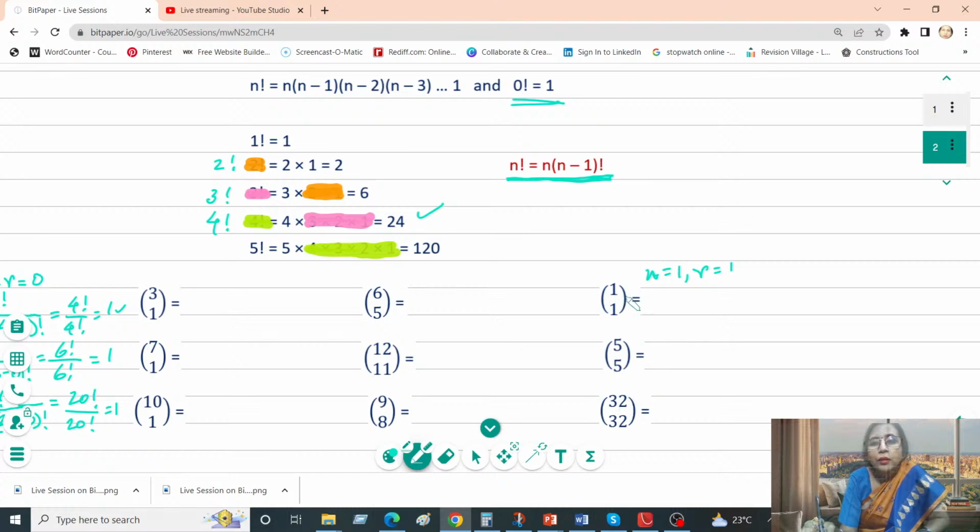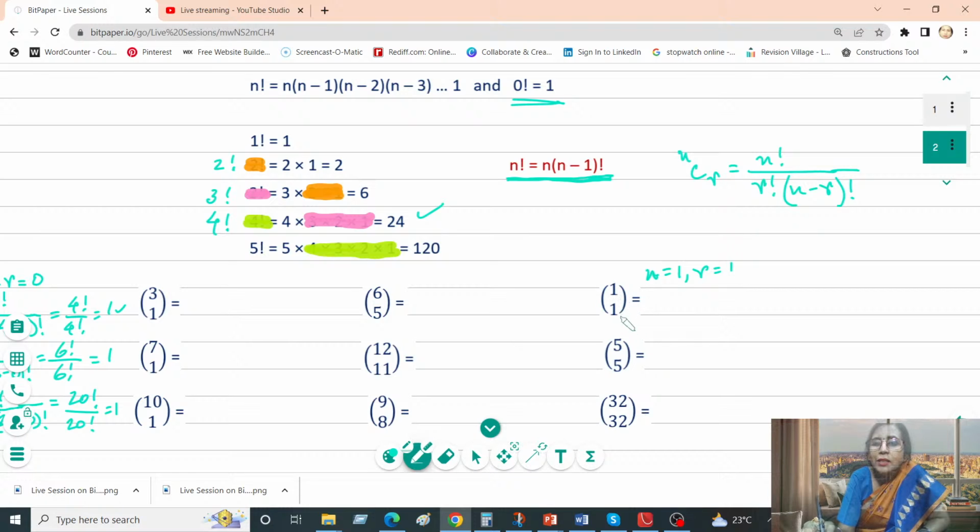But the relation is the same. Doesn't matter whether n and r have the same value or not. The formula remains the same. Since it is no more visible, I am writing it once more. NCR equal to n factorial over r factorial times n minus r factorial.